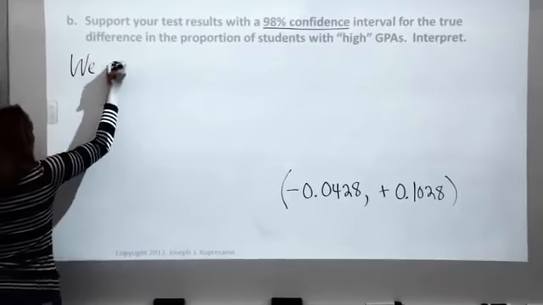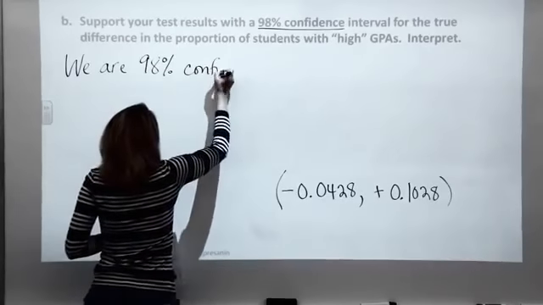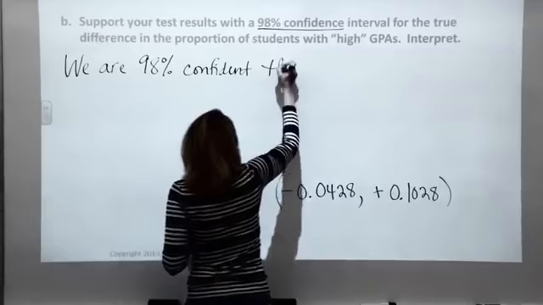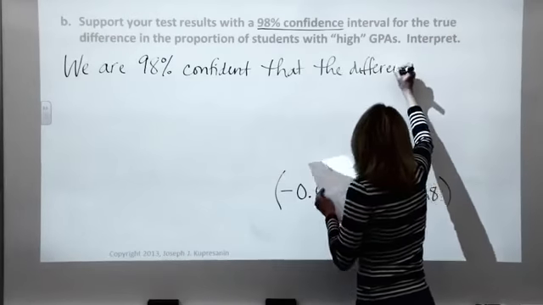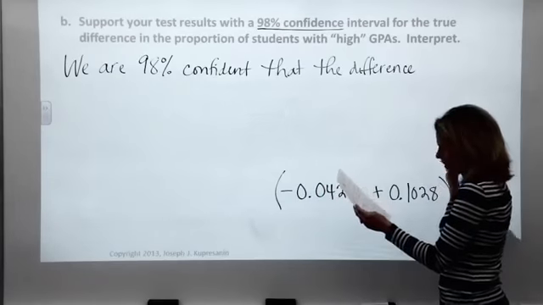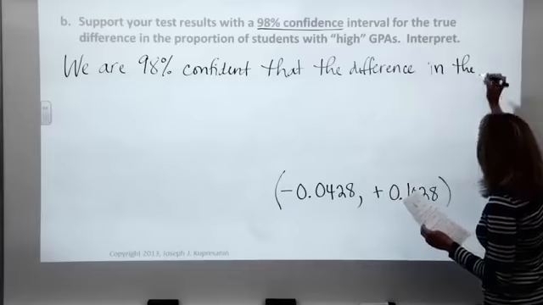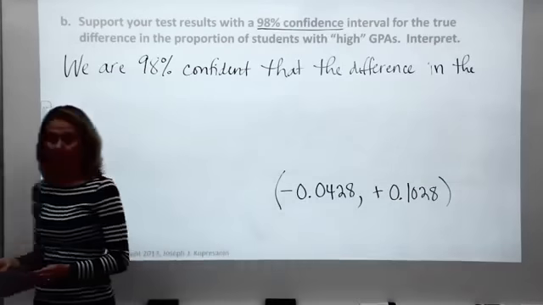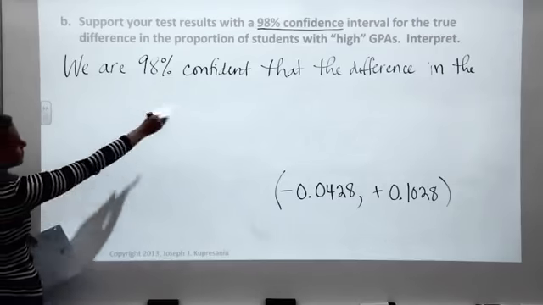So you could write a couple of things, but we are 98% confident that the difference in the percentage of students with these high GPAs at Cecil versus Hartford is in that interval.